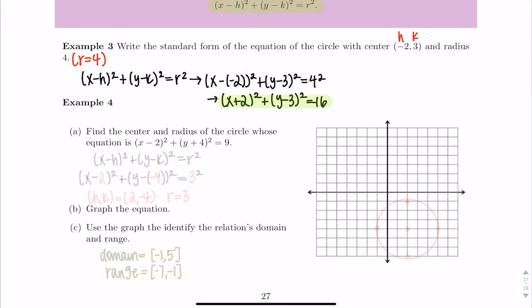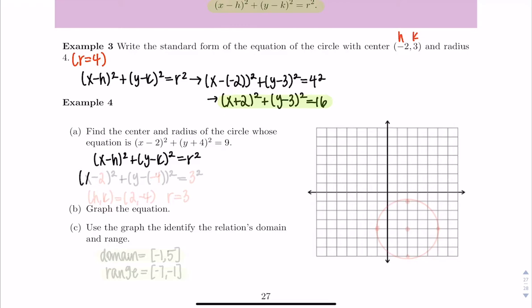And so for the last example, we want to find the center and radius of the circle whose equation is x minus 2 squared plus y plus 4 squared equals 9. So we need to figure out the center and the radius. So the standard form of a circle is x minus h squared plus y minus k squared equals r squared. So let's go ahead and write our equation using the minuses.